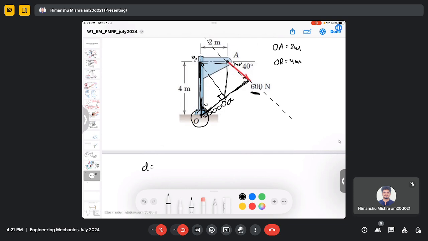So this is my angle 40 here. So it could be 4 cos 40, and then plus this distance. And this is parallel to this one, right? And this is perpendicular.